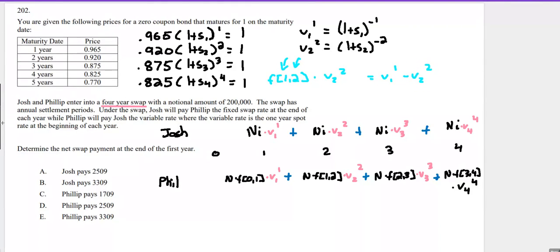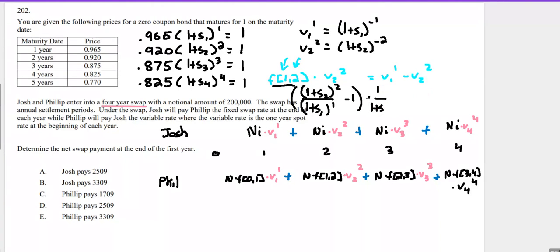Okay, that's not magic, but see for yourself, because the forward rate from 1 to 2 is defined this way. This is how you find it. So that's what this is equal to. And then if I multiply that by v sub 2 to the 2, you'll see that you should get this, okay?